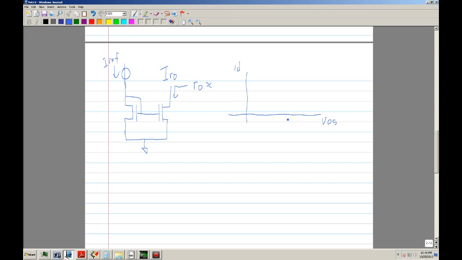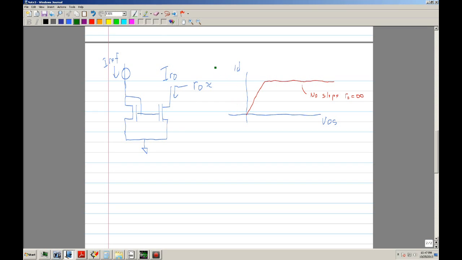If you plot the current, we all know that if it's ideal, it goes to the triode, and then it's supposed to flatten straight like that. If this has no slope, that means that RO is infinity. Okay, high impedance.